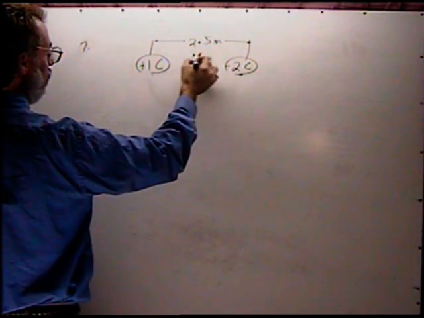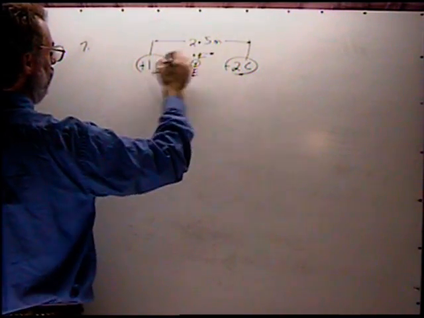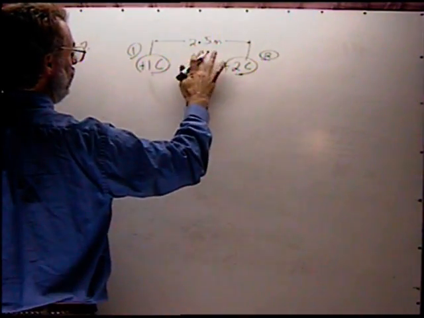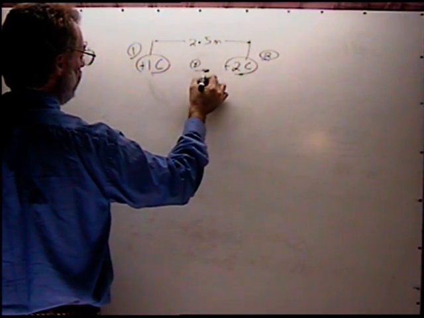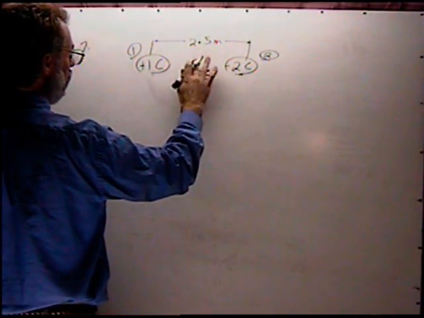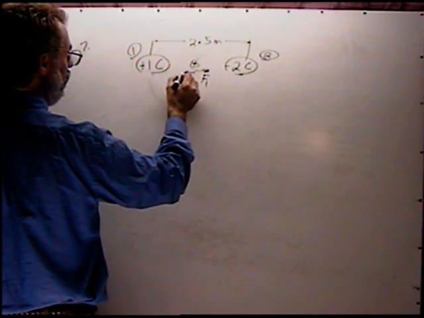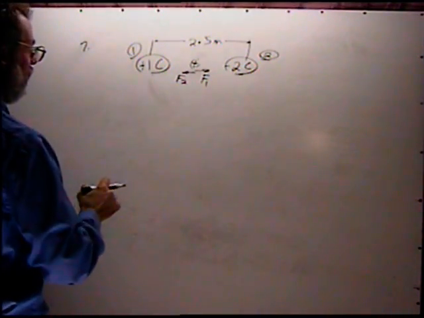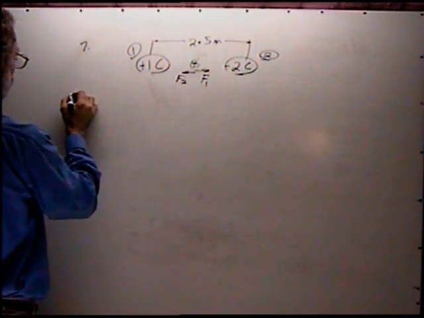If I call this charge 1 and charge 2, it's going to feel a force this way from this charge. It's a repulsion force. This is a plus charge to the right, but it's also going to feel a force this way, force 2, from this charge over here. Okay, so basically, one way to do it is the total force.